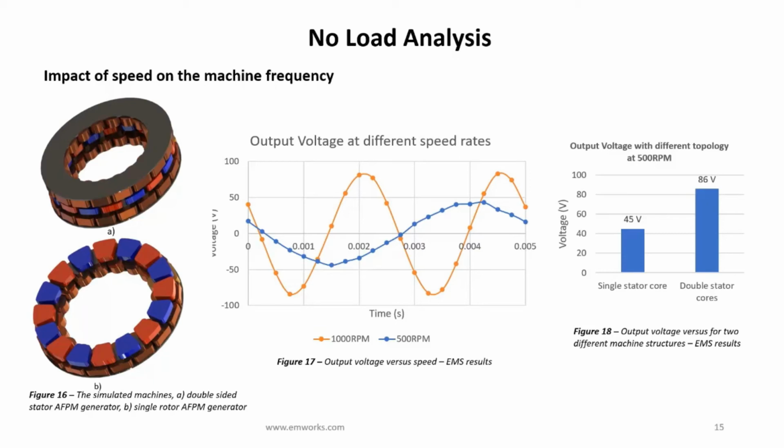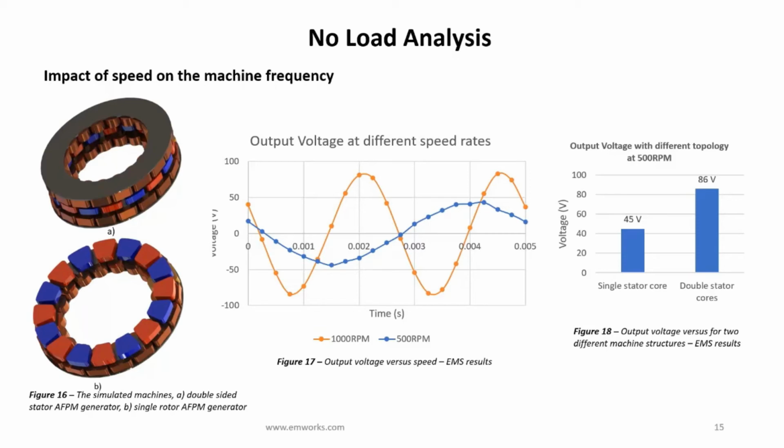First, we ran the double-sided stator at different speeds to see the impact of the rotor velocity on the frequency. We can see from figure 17 that at 500 RPM the generator produces a signal with a frequency of 200 Hz, while at 1000 RPM the frequency of the output voltage is 400 Hz.